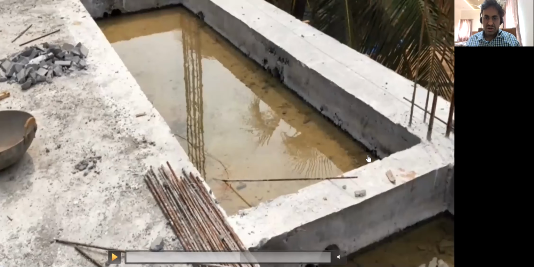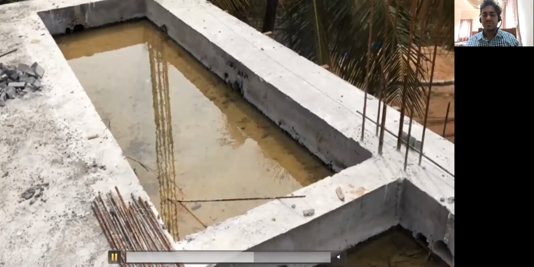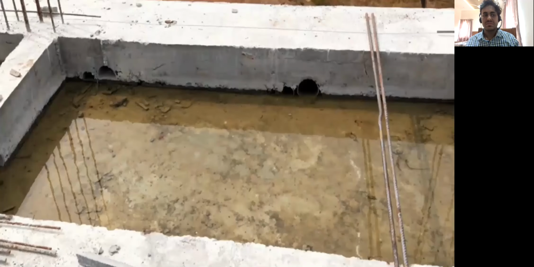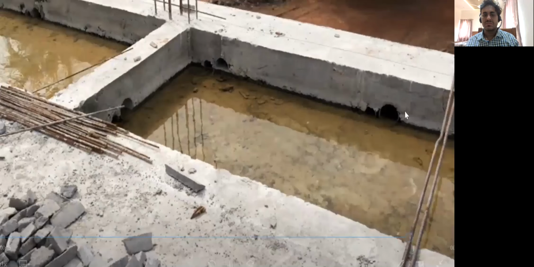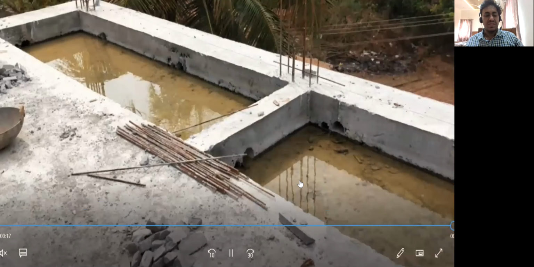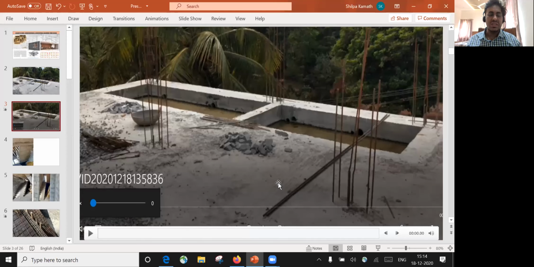This distance will be 300 mm. This is the level of a slab, and this is a beam which you have already seen. This beam was there. That is why you can see a beam here. So this was all about the sunken slab and how it has to be understood.